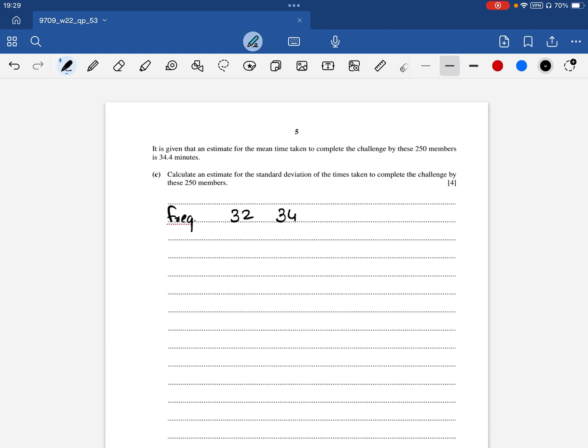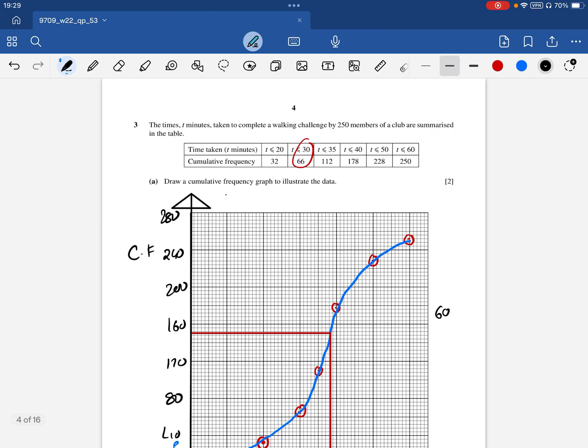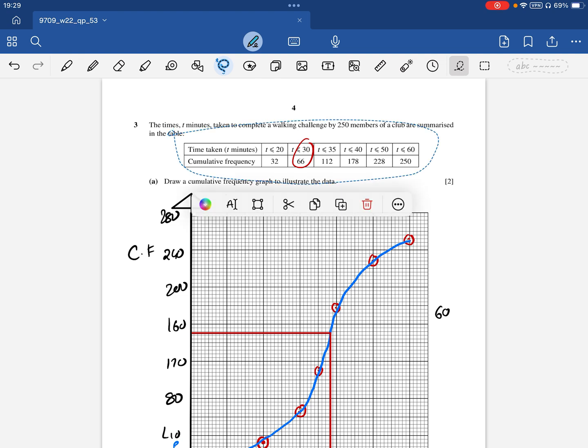To make it easier, I'm going to copy this one over here.